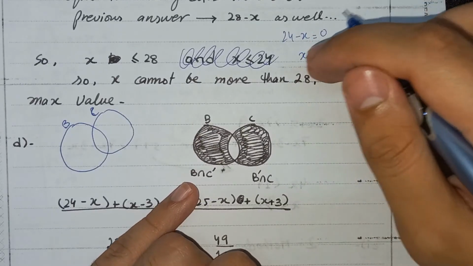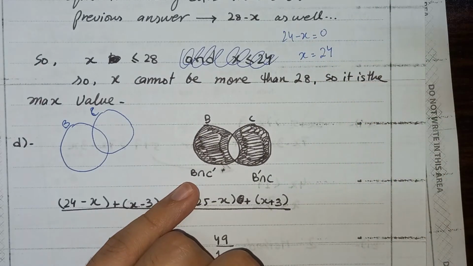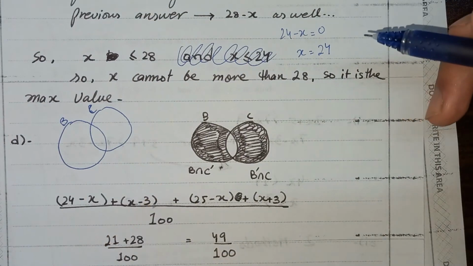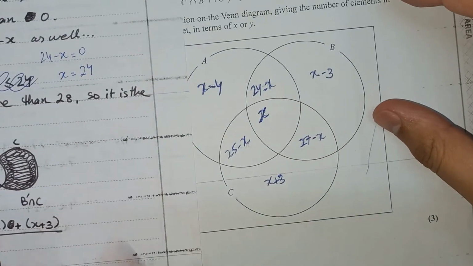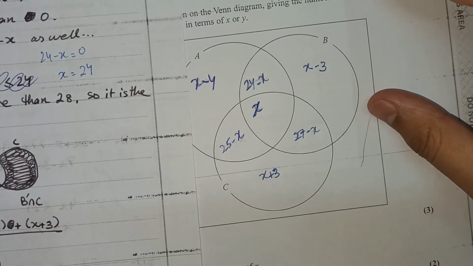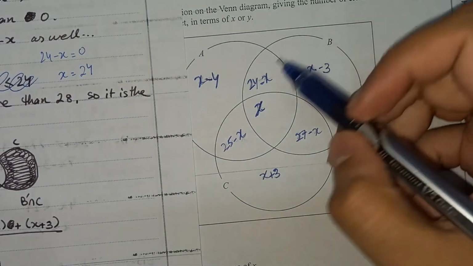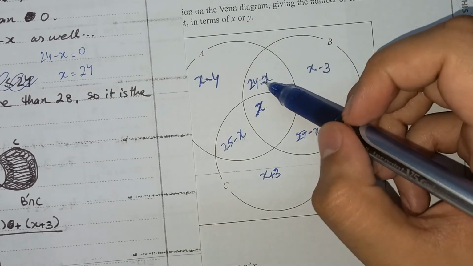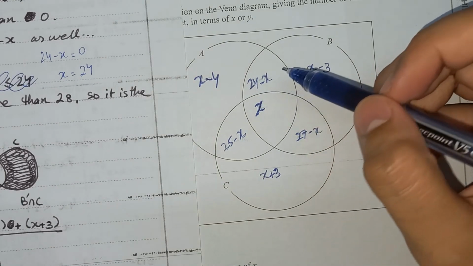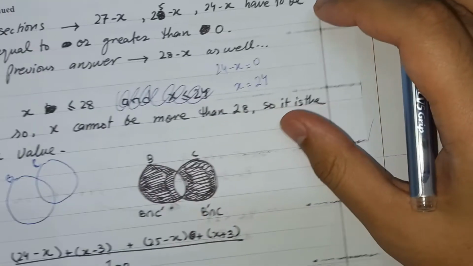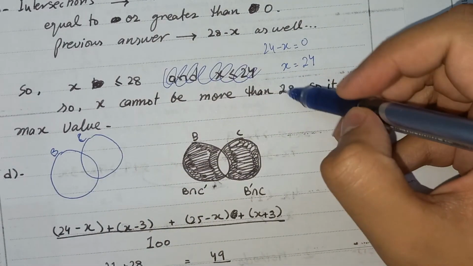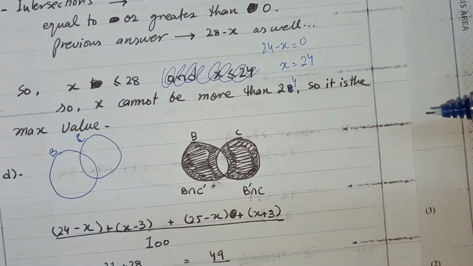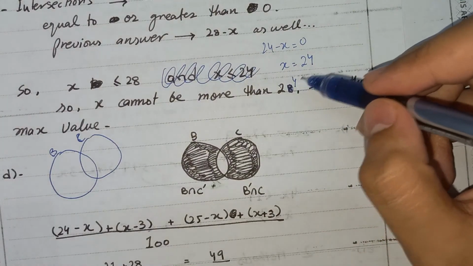So x equals 24 will be the greatest value you can use in this diagram, because again I'm explaining, if you go over 24, for example 25, you will get a negative 1 over here, and hence x cannot be more than 24. So this is the maximum value.